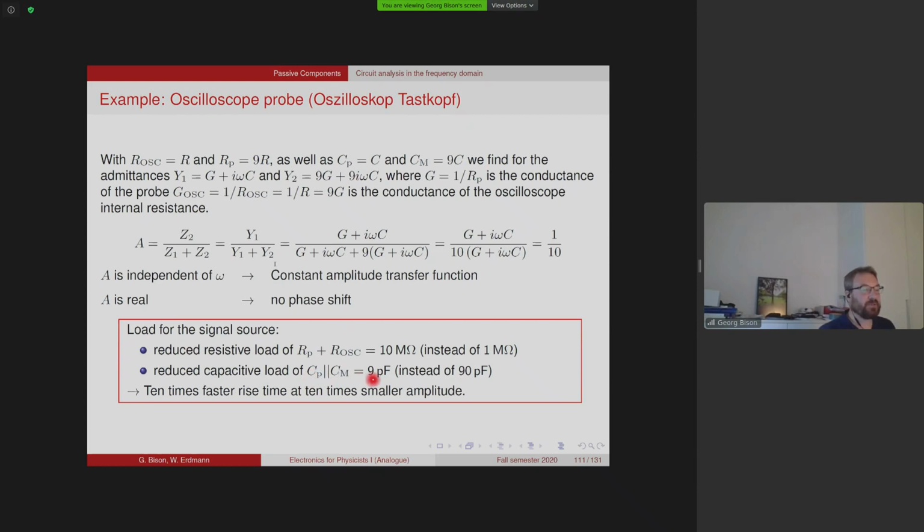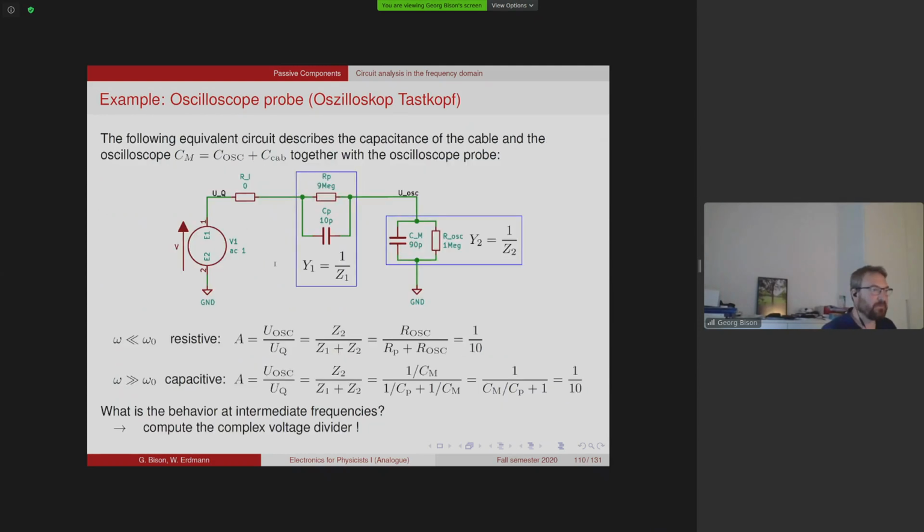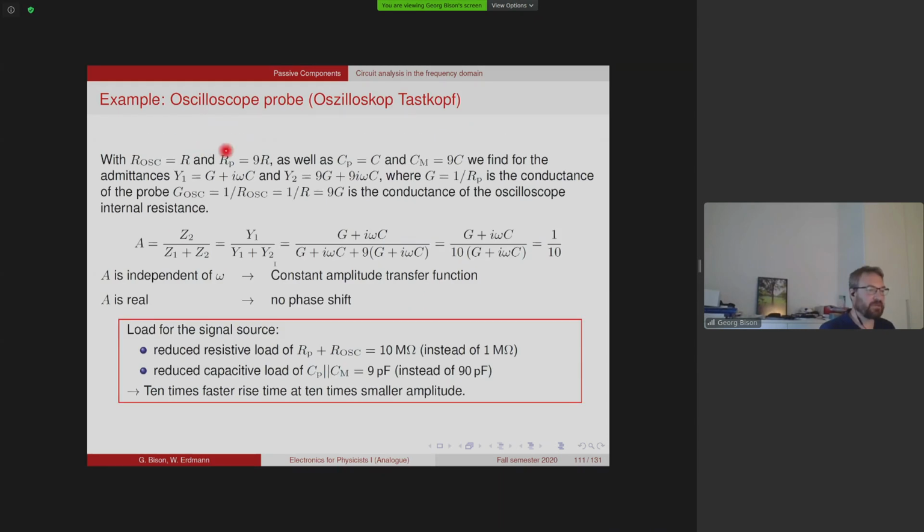And so it's 9 picofarads instead of 90 picofarads in this experiment. And so even if the internal resistance here is not 0, because of that effect, we get 10 times faster rise times and 10 times smaller amplitudes.